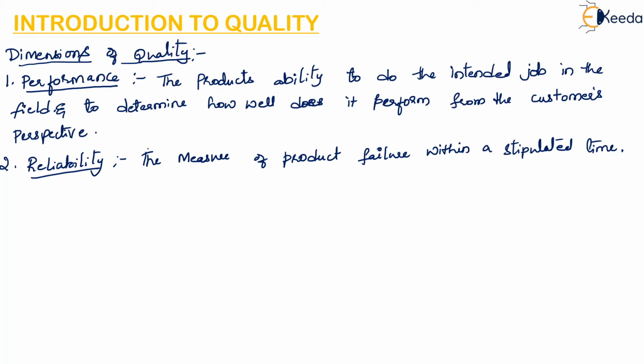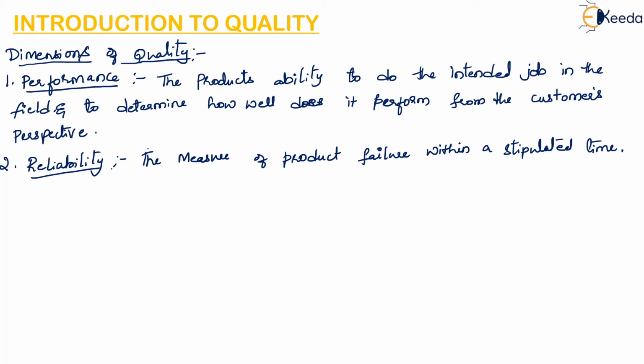So this reliability talks about the probability of not failing of the component. The component should not fail often. So for example, let us take automobiles or Airbus while on service for a specified time period.